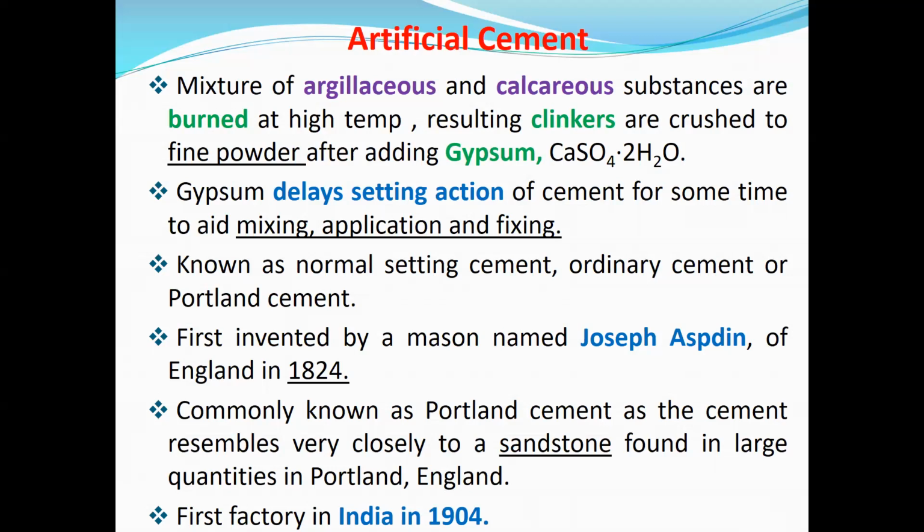So in our country, actually, we import clinkers from outside, and then those clinkers are crushed to make fine powder, because we don't have these argillaceous or calcareous substances available.